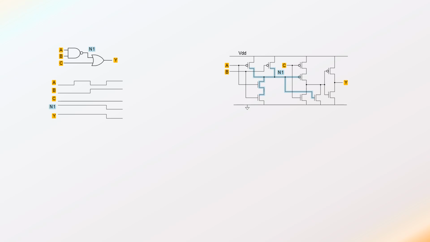And since the input C has been low the whole time, the output Y goes low. So take a moment and make sure that you agree with my timing diagram there.